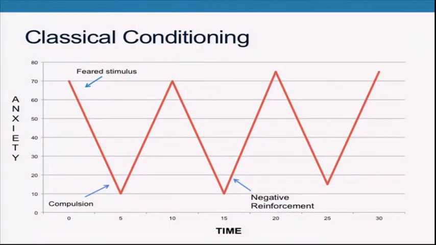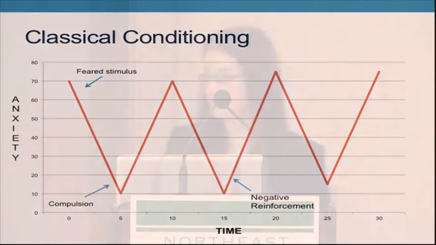I also just want to very briefly talk about the classical conditioning processes that are associated with the maintenance of OCD. So, if we use a classic example of a child who's fearful of becoming contaminated with germs, if they encounter something that they believe is germy, like riding on the subway, for example, their anxiety might spike to a high level.